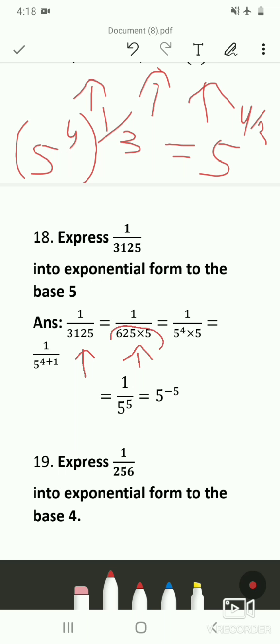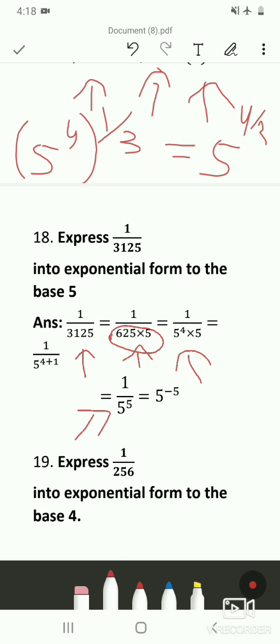So it is easy to write it in this form. 3125 is nothing but 625 into 5. We have seen 5 raised to 4 is nothing but 625. Again we are using the first law, a raised to m into a raised to n. So we will get 1 upon 5 raised to 5, that is 4 plus 1, 5.